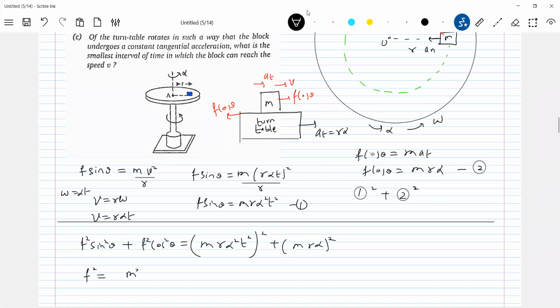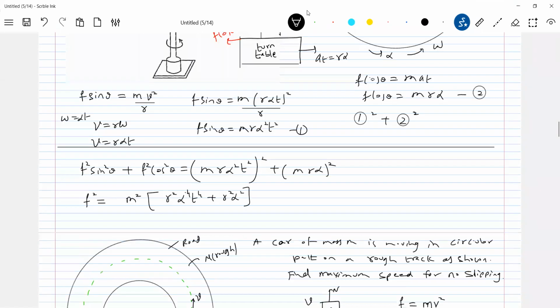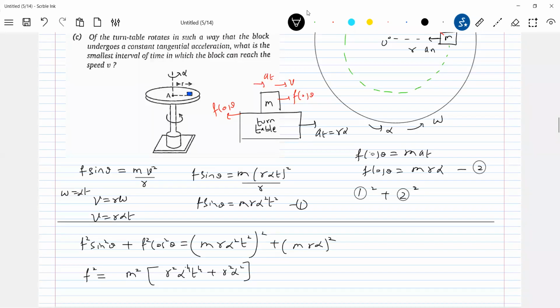So this will be m square, you take outside, R square alpha to the power of 4 t to the power of 4 plus R square alpha square. What is the maximum permitted value at which slipping occurs? What the maximum permitted value will be? Equal to mu mg. I think I should introduce one page here.